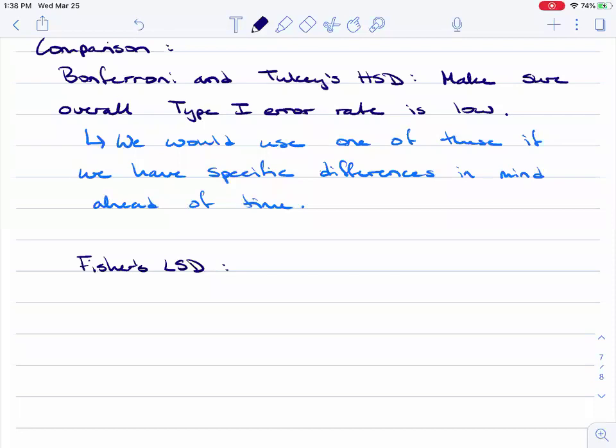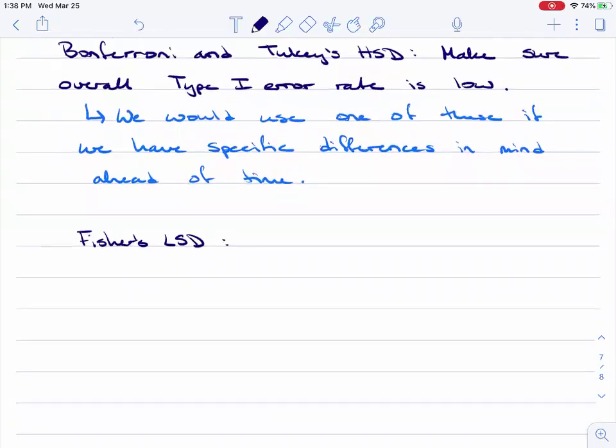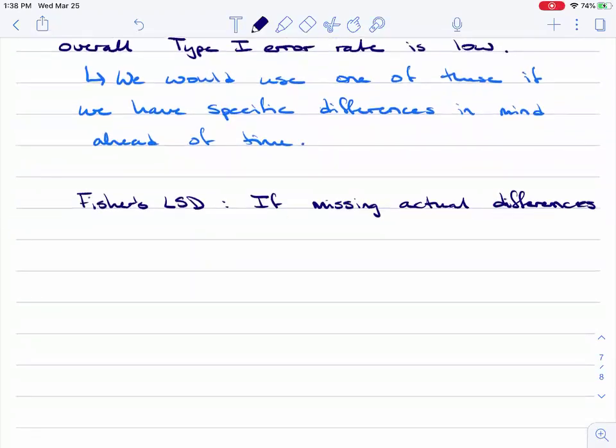So if a type 2 error is a problem, if missing actual differences is a bigger problem, use Fisher's LSD, right?